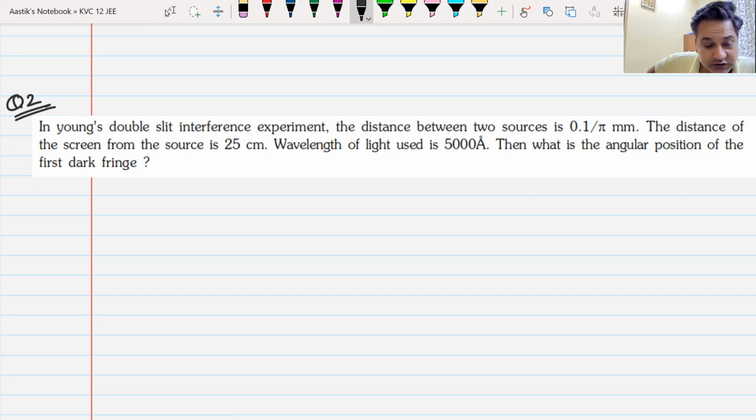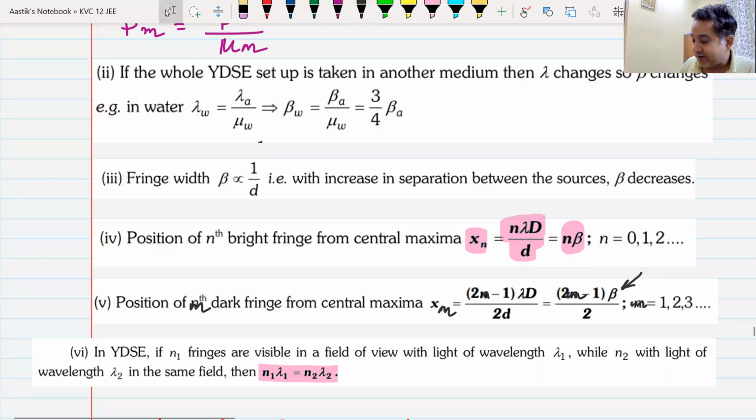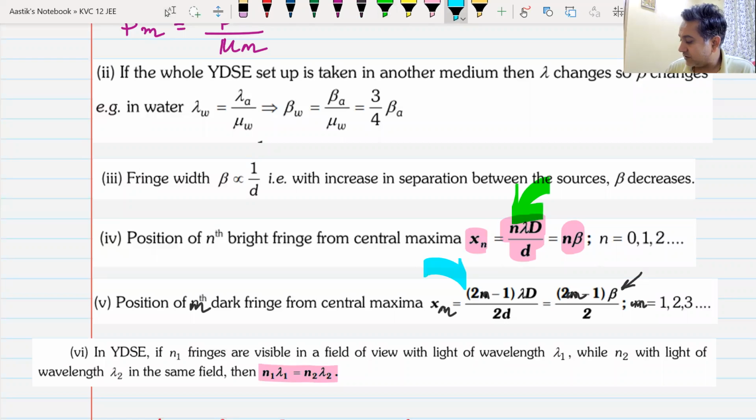We have done one question of bright. Now this is the question of dark. Remember bright and dark. How did we find out the position of bright and dark? See here, bright and dark. This one is bright. This one is dark.